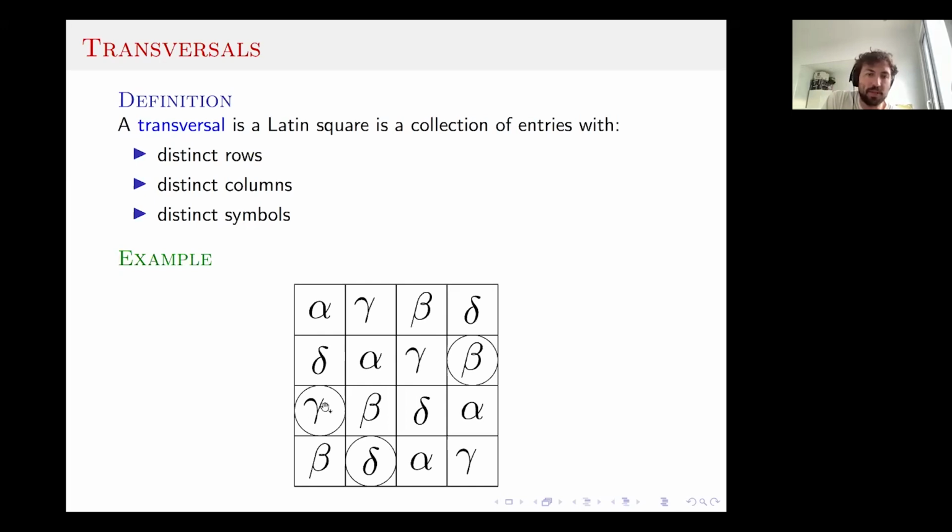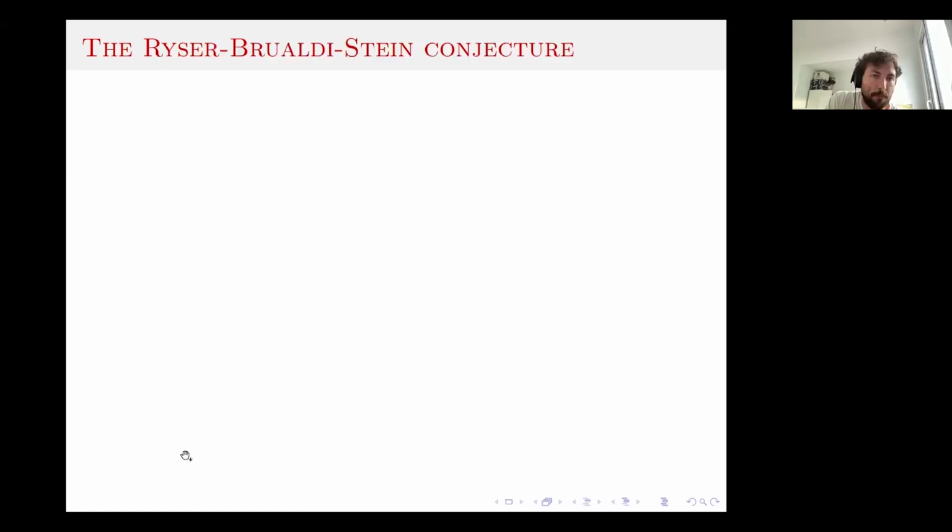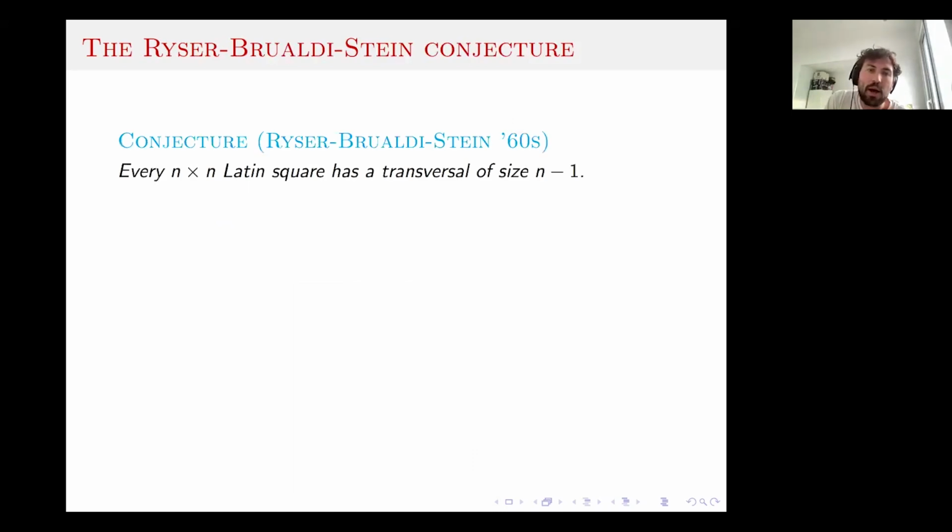So in my example, these circled entries form a transversal. The Ryser-Brualdi-Stein conjecture is a very famous conjecture from the 60s that posited that every Latin square has a large transversal. So n would be maximum, and there are examples where you can't quite get n, but you should be able to get n minus 1. So a really, really large transversal.